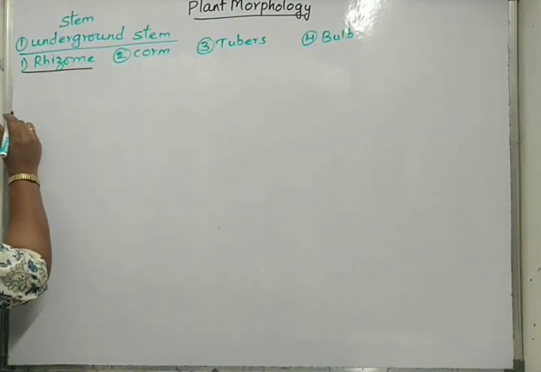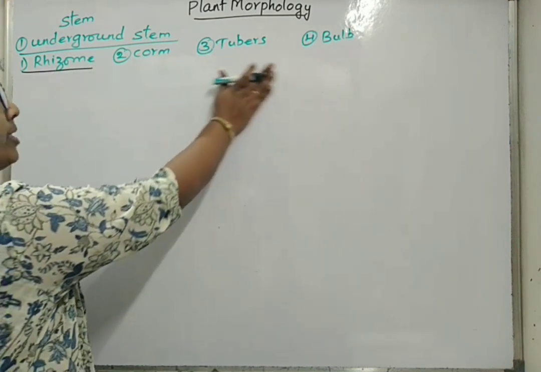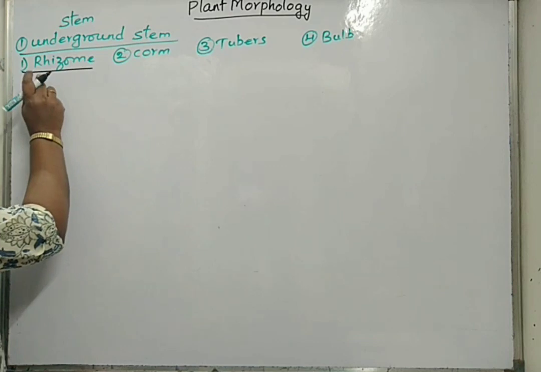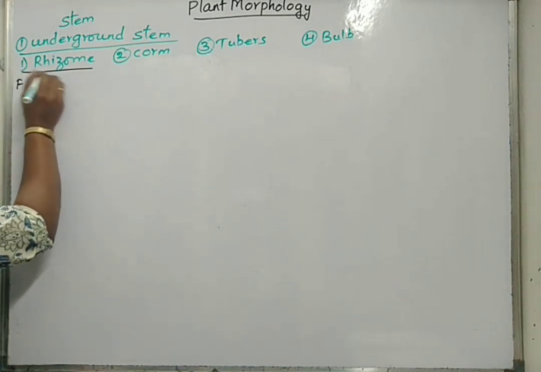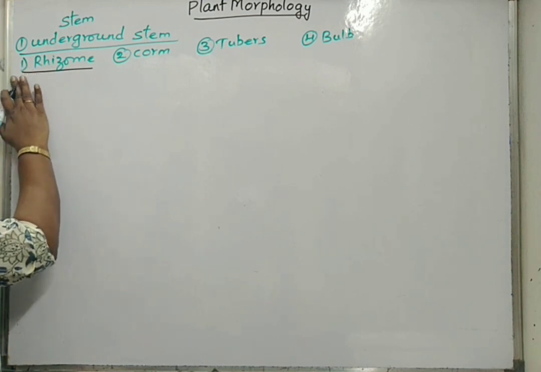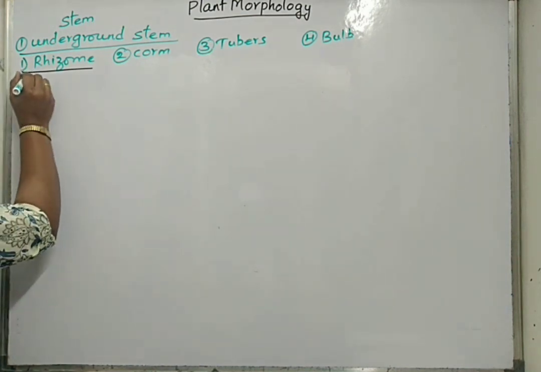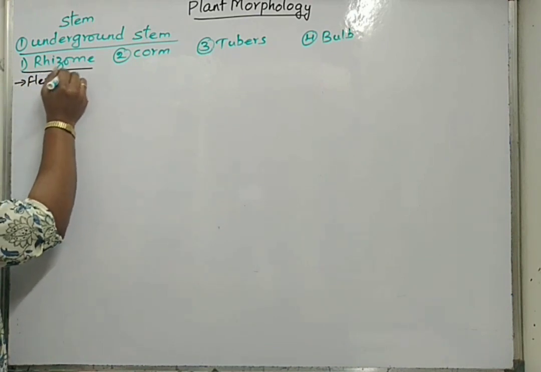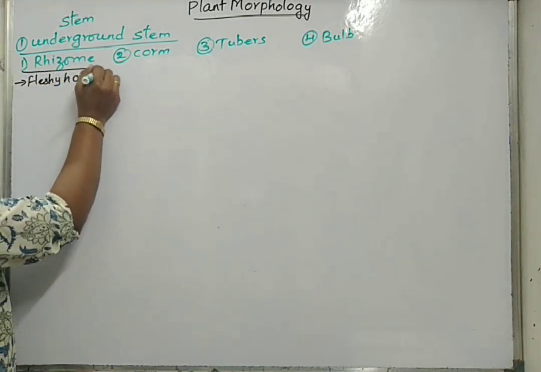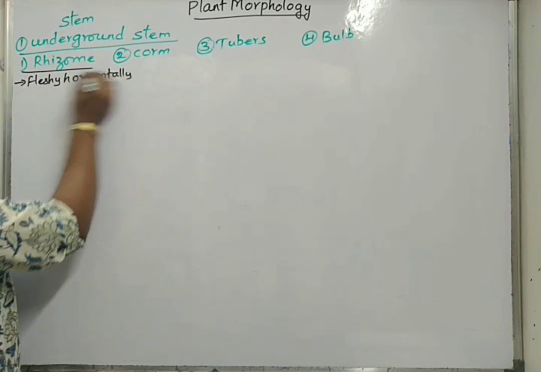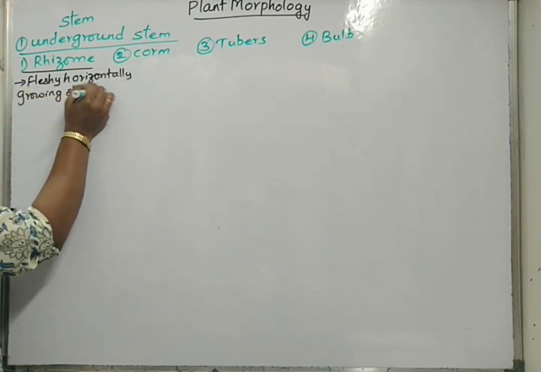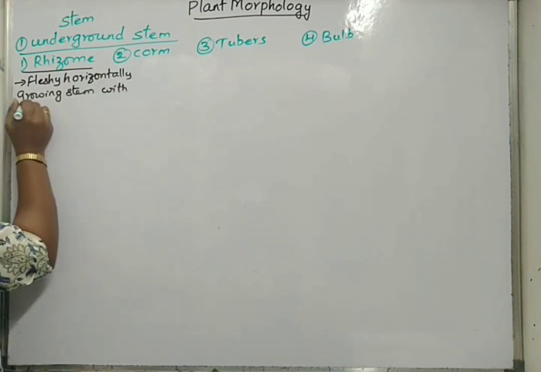Either rhizome or corm or tubers or bulbs, they also will be having nodes and internodes. We have seen rhizome as a fleshy, horizontally growing stem with nodes and internodes.